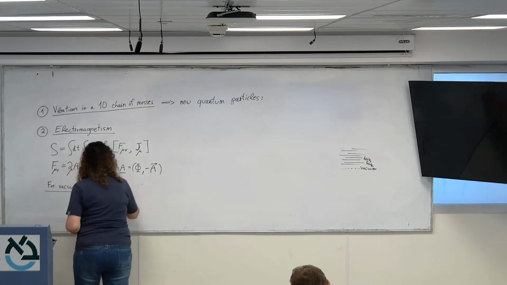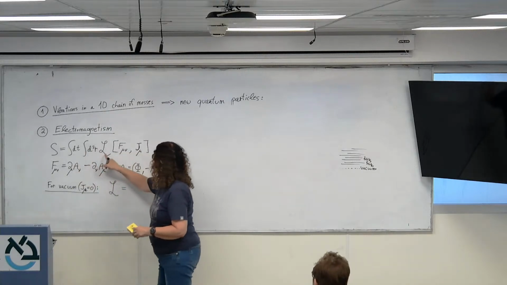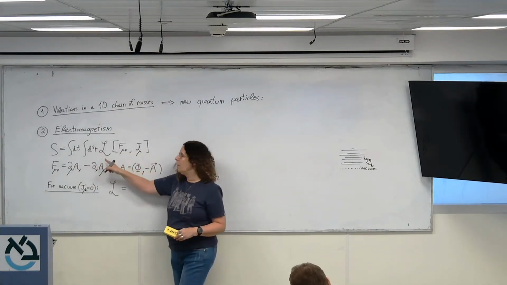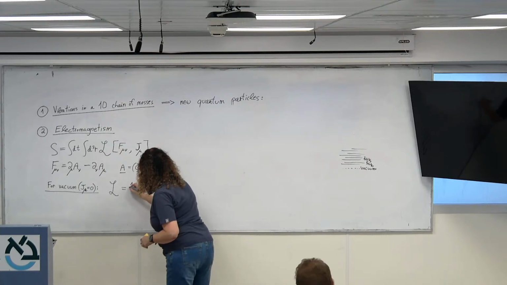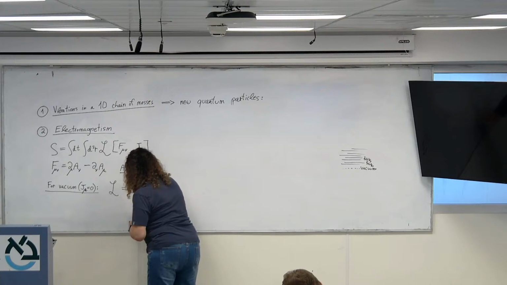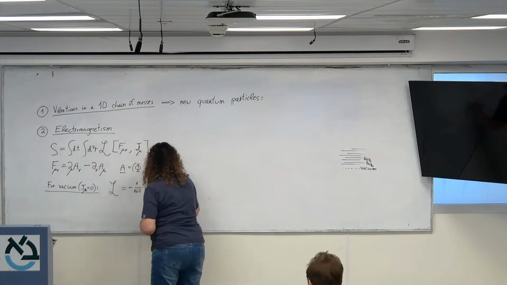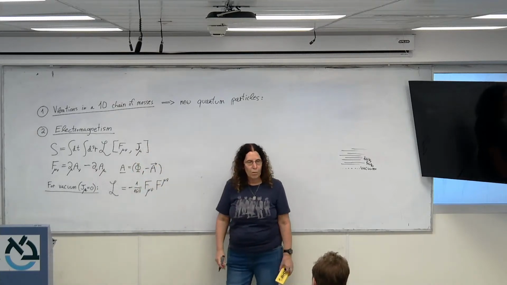We get a very simple Lagrangian density, and it has the following form. Sorry, there is a minus sign: minus 1 over 16 pi F mu nu F mu nu. Okay, this is what it is.